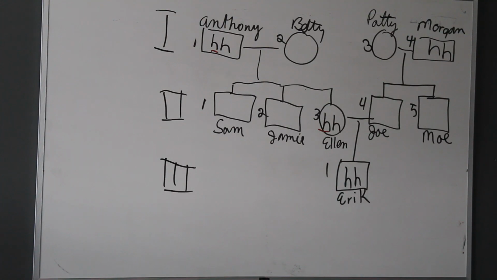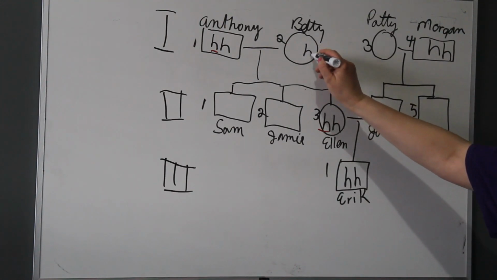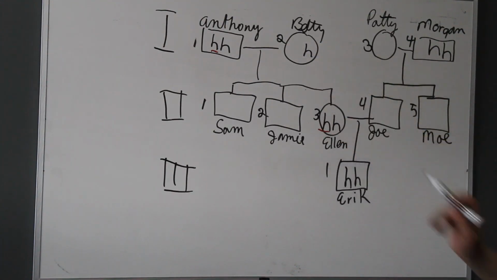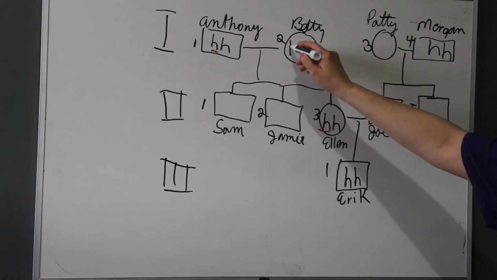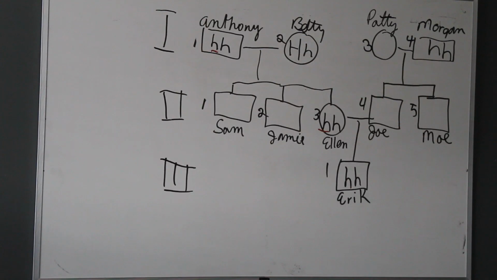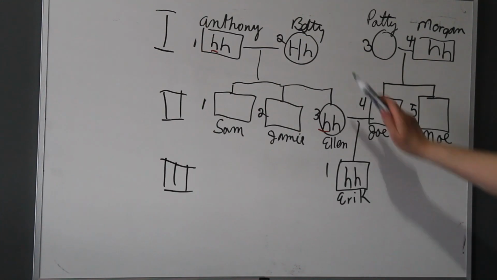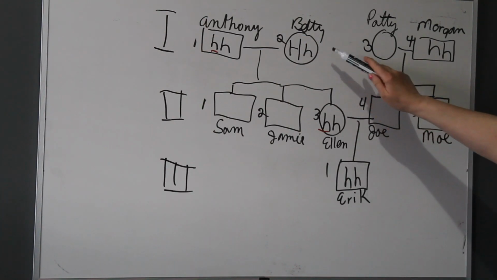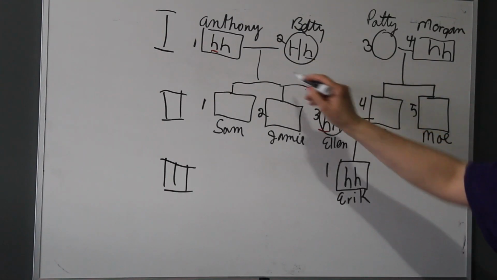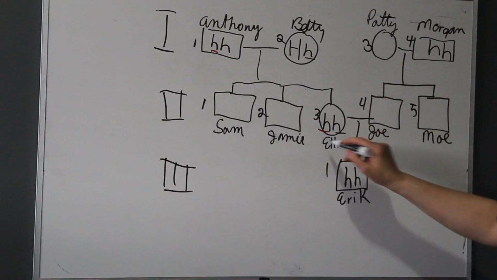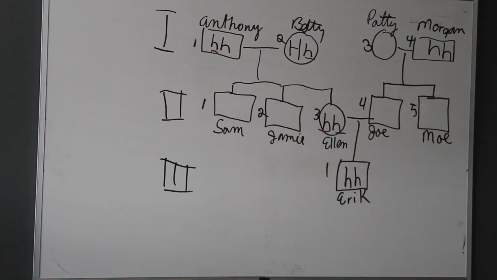So her mom gave her 1, but her mom doesn't have the condition. So we know that she also has an unaffected allele. So she's heterozygous for her condition. Okay, so that makes sense. So 1 H came from her mom and 1 h came from her dad, one affected allele.